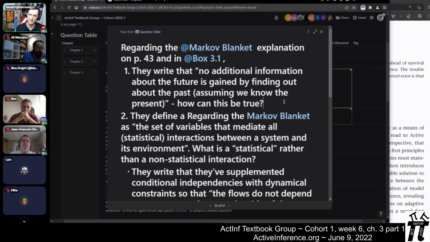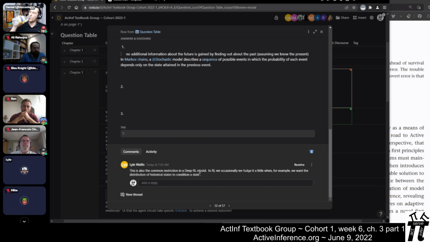Lyle? Yeah, I think you just pretty much covered it, but I would just say this is the same condition if you're building RL models of different kinds of autonomous systems. This is the same restriction. I think your comment about the nested blankets is interesting because in the RL space, we typically don't have that kind of richness.